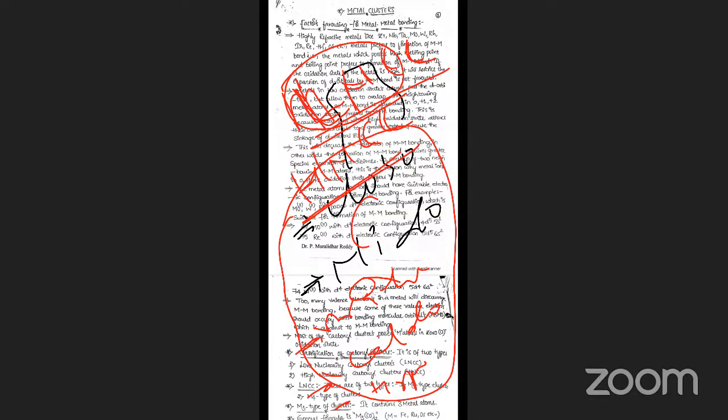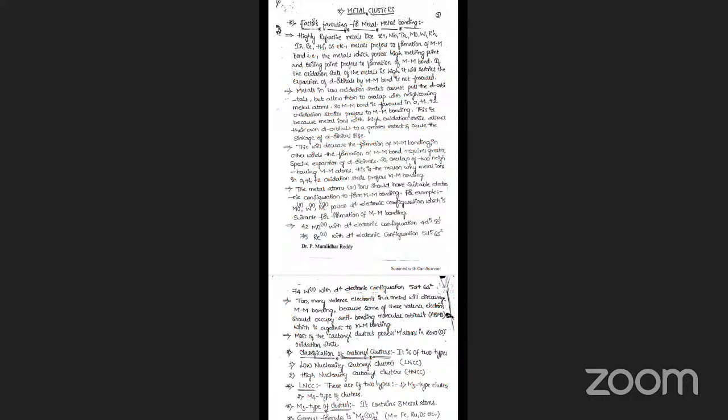Okay, I will explain. The metals contain some properties. What are the properties of them? So here you can observe.